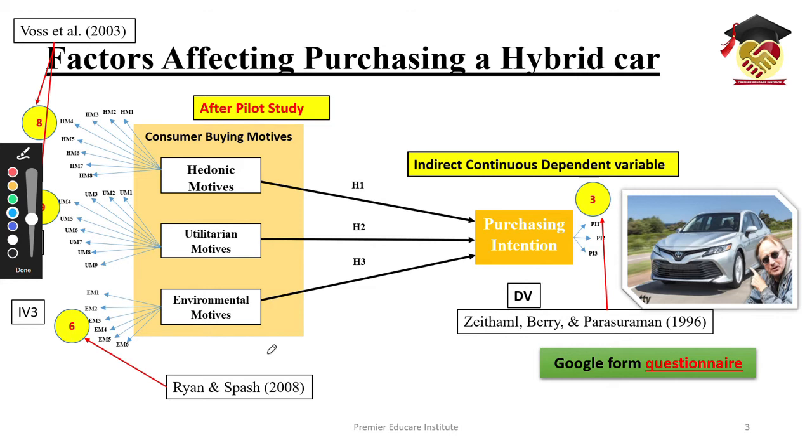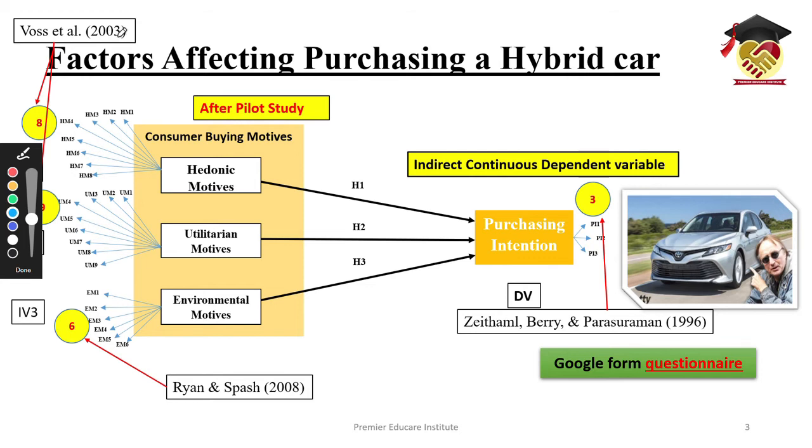So please be careful about that, right? Later you can't find the articles, because once you have already developed your model, you can't change it. So when you develop your model, you have to be very careful about the measuring instrument to measure that particular construct, right?